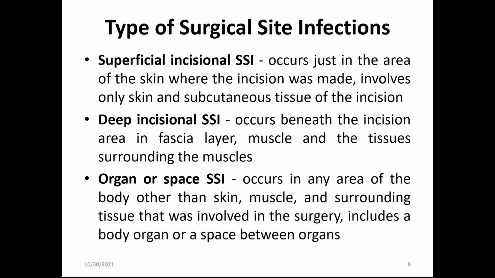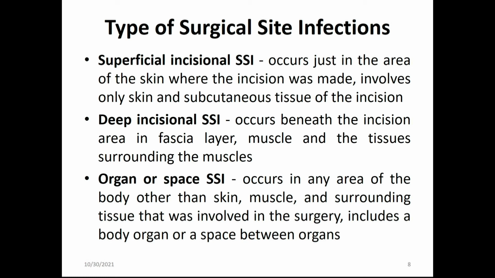Look at the types of surgical site infection. It can be superficial, where only the skin and the subcutaneous tissue is affected at the incision site. If it is a deep surgical site infection, it goes beneath the subcutaneous tissue up to the fascial layer and the muscle compartments as well. Not only that, the surrounding tissue also can get affected.